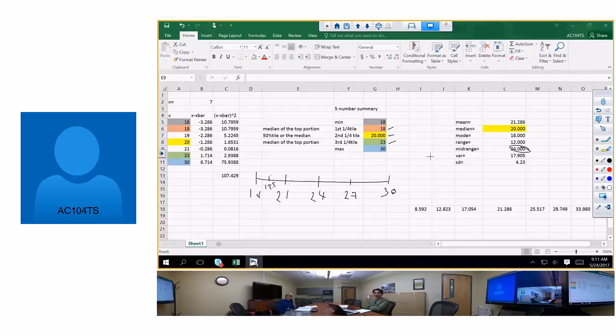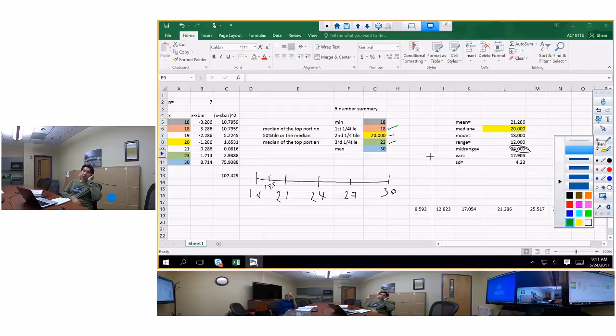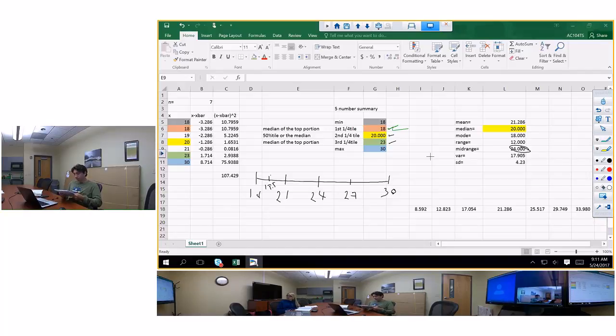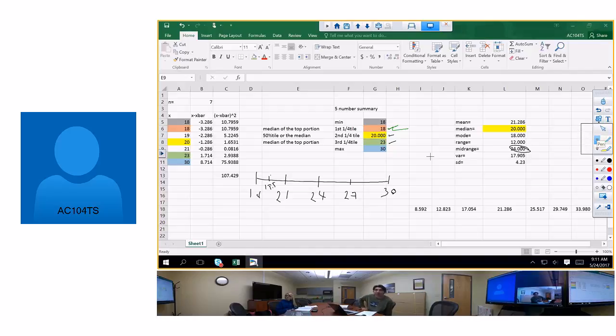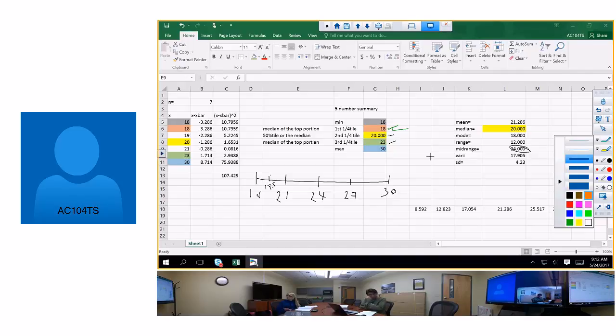So I'm going to take orange. There's the orange, and we're going to put a 18.